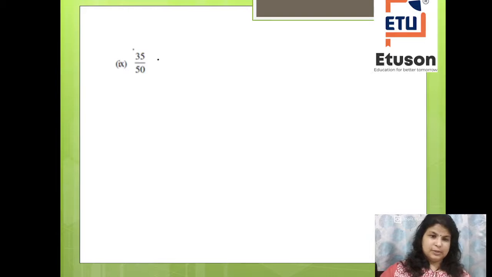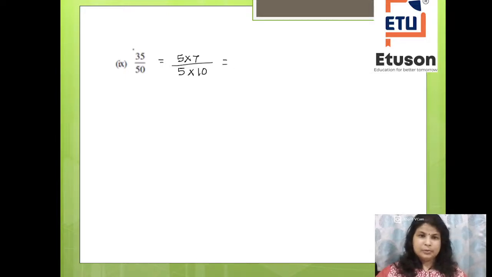So now let us see. 35 I will write as 5 into 7 and this has 5 into 10. So 5 into 10, that means the 5 gets cancelled out, so 7 divided by 2 into 5.